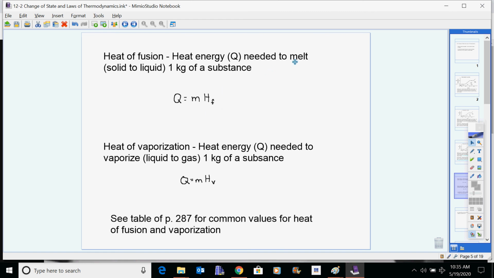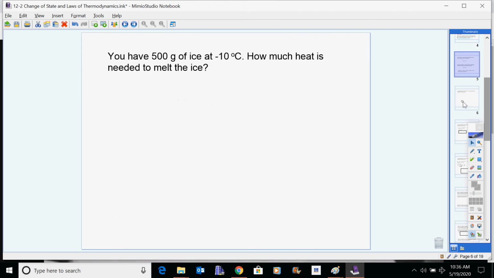Okay, so melting, in other words, solid to liquid, you have a certain amount of heat that needs to go in, and the heat of vaporization is the amount to make liquid turn into gas, or vaporize, for 1 kilogram of a substance. So when you multiply that times the mass, then it gives you the total energy that's needed. So these numbers, like I said, you'll find them in a chart, and they are substance specific. And somebody figured that out a long time ago.